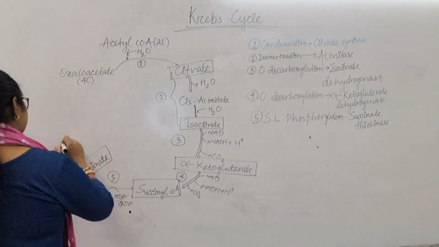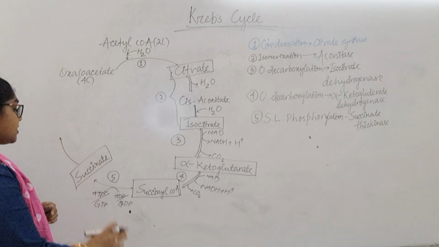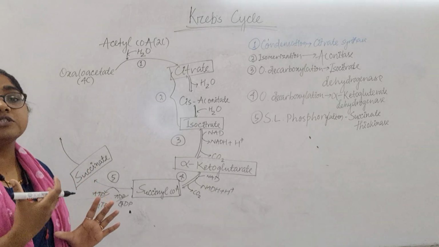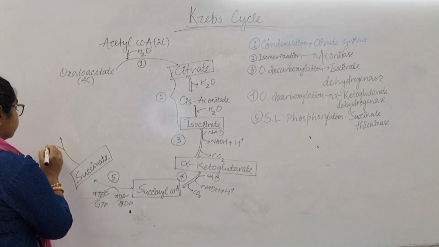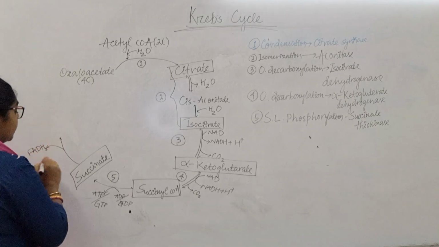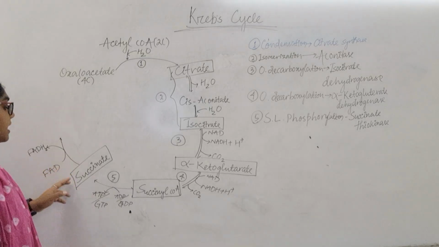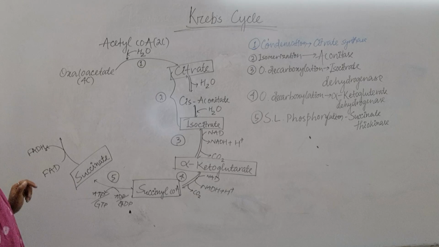Now, from succinate, it removes two hydrogen atoms in the form of FADH2 from FAD. That means it reduces FAD to FADH2.